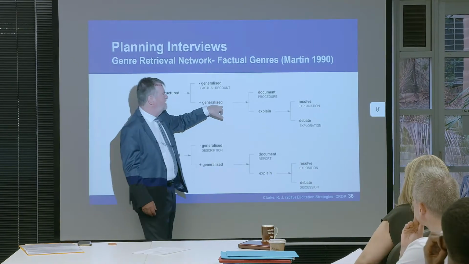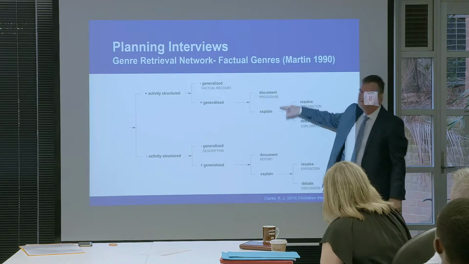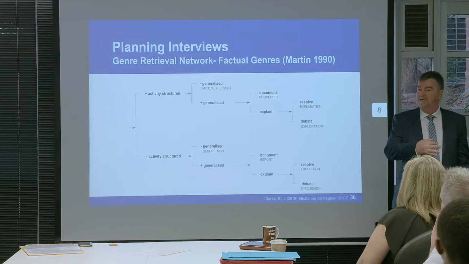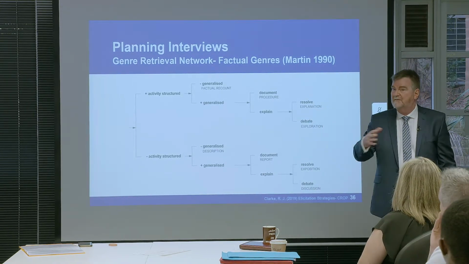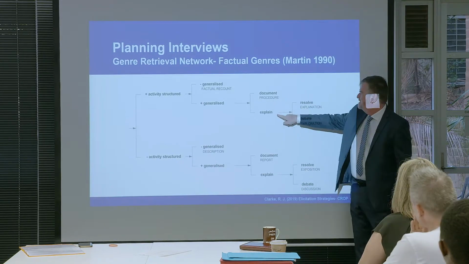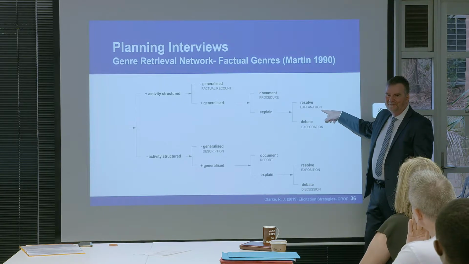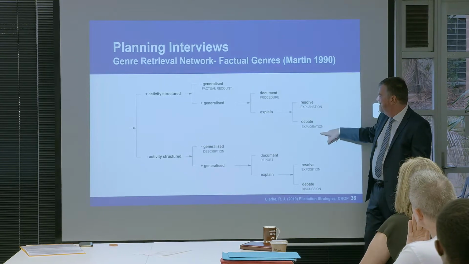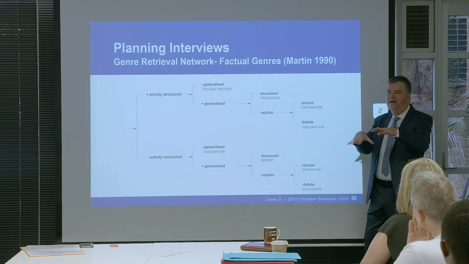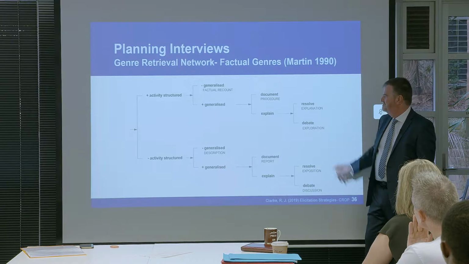If I want a generalized form, I'm likely to work with procedures. In the general case, I do this, then I might do that, then I might do that. This is a procedure, right? But if I want to explain how something works, I'll use an explanation genre, which actually has particular stages as well. Or if I want to debate a series of positions, then I would use an exploration genre to do that.